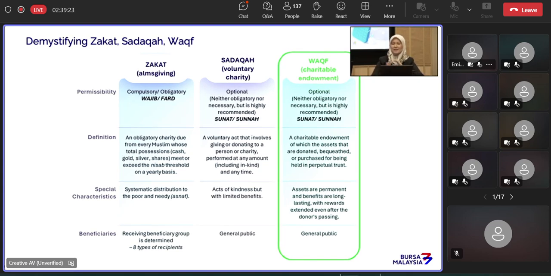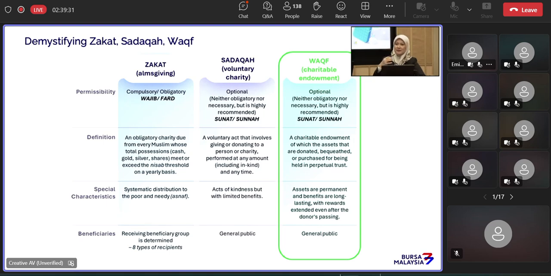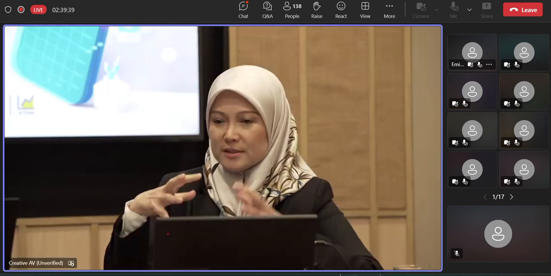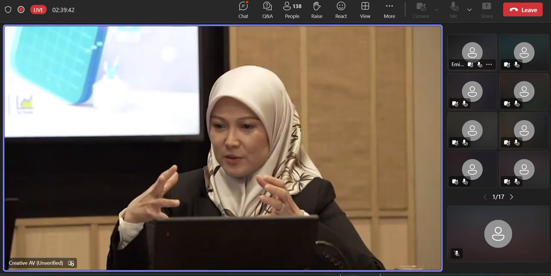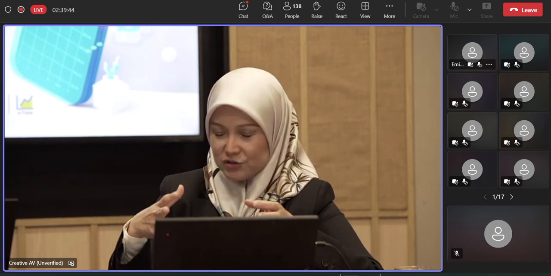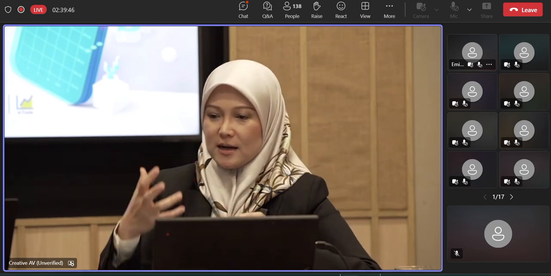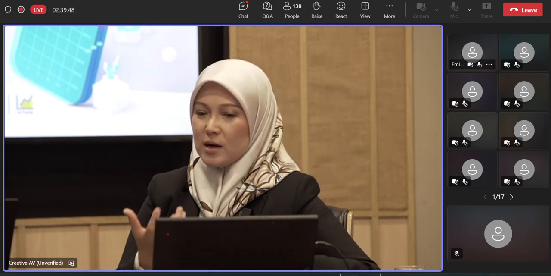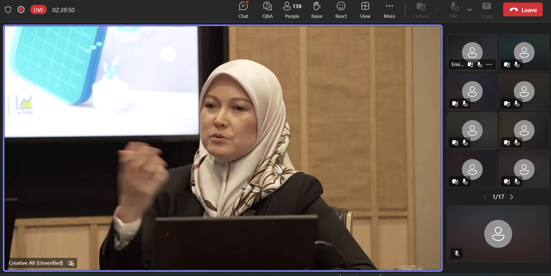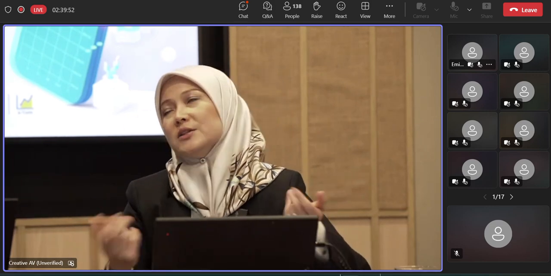Wakaf is a part of sadaqah jariyah. Why? Because it is continuous. Remember I mentioned perpetual. As long as the assets that we donate as wakaf are held in trust, the income generated from those wakaf assets, for example, goes to build healthcare facilities.